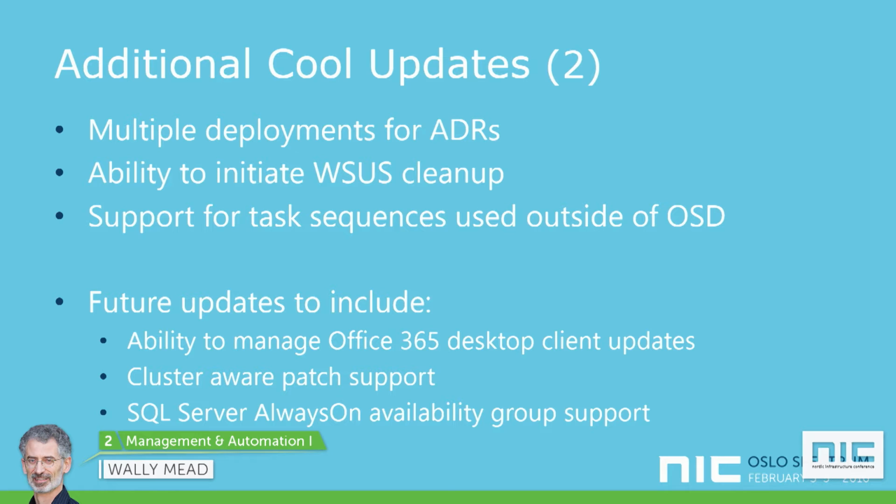You have your pilot collection you deploy to, then your pilot production collection, then your servers on Sunday, your servers on Wednesday, your servers on Saturday collections. That might be one ADR, so you had to create multiple different ADRs. Now you can create one ADR, create multiple deployments, with different scheduling options for those different targets and audiences that you need.